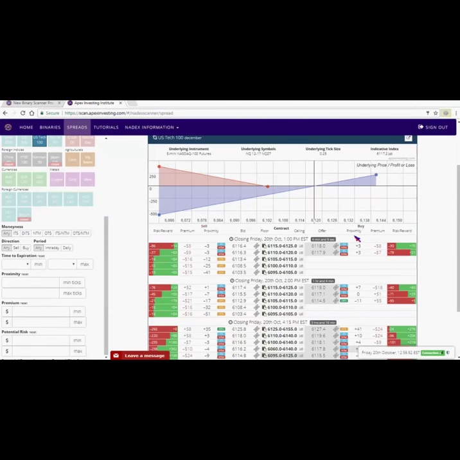Okay, so I know there's probably questions on what is proximity and what is premium. That's a really hard thing to grasp, but it really is not that tough once you understand it. Premium is like time.